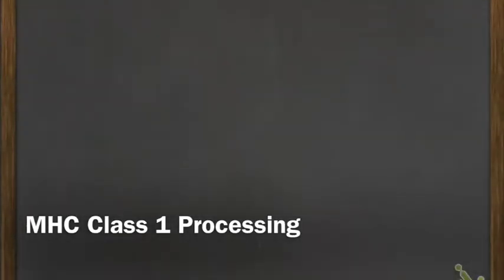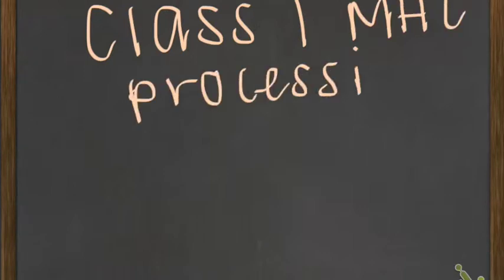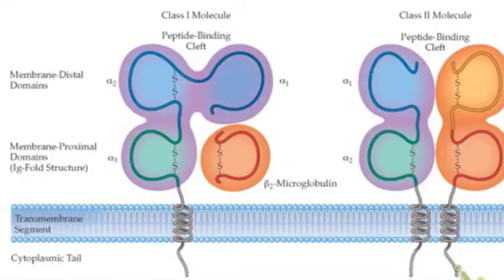Good afternoon. So today we're going to learn a little bit about Class 1 MHC processing. To review, we know that MHC is found on the surface of all cells and it helps the immune system recognize foreign substances.